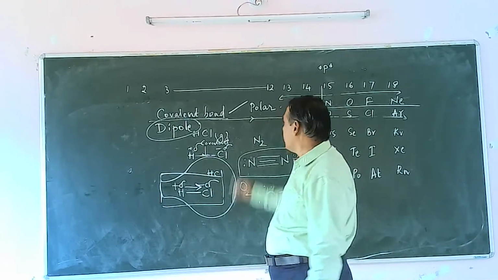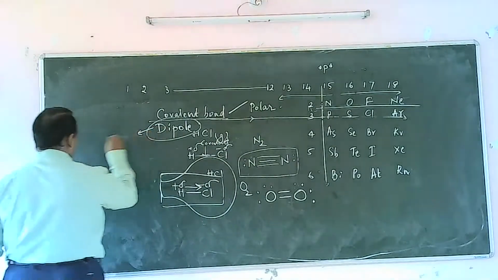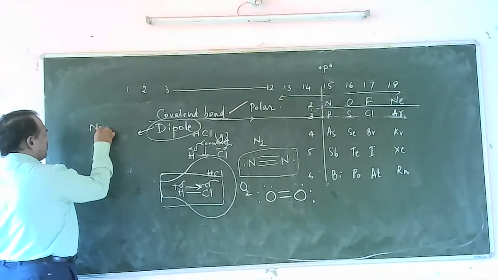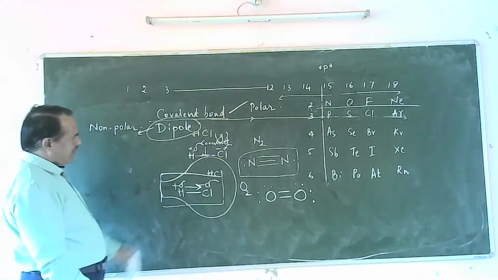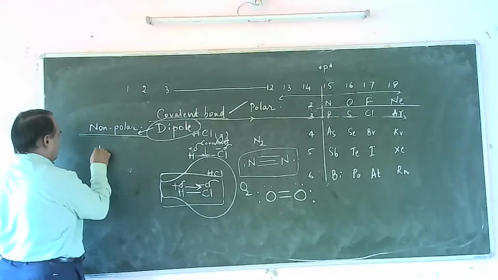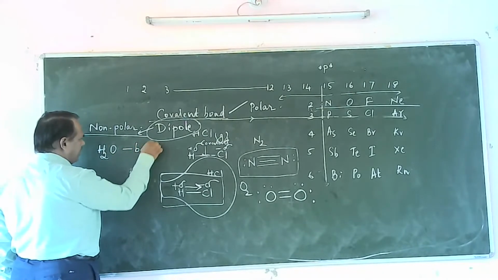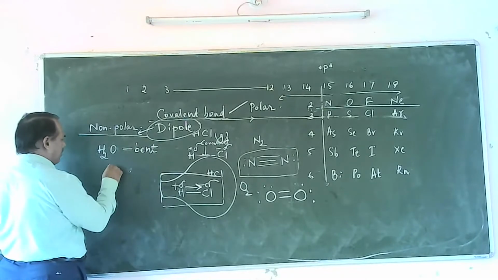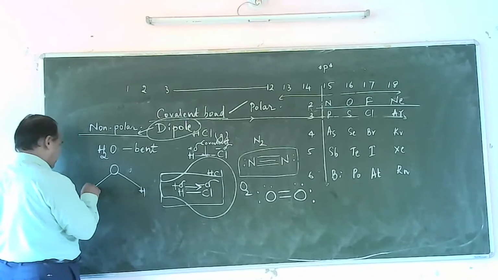Now, non-polar molecules. See, take for example water, H2O, which has a bent structure, with an oxygen and two hydrogen atoms.